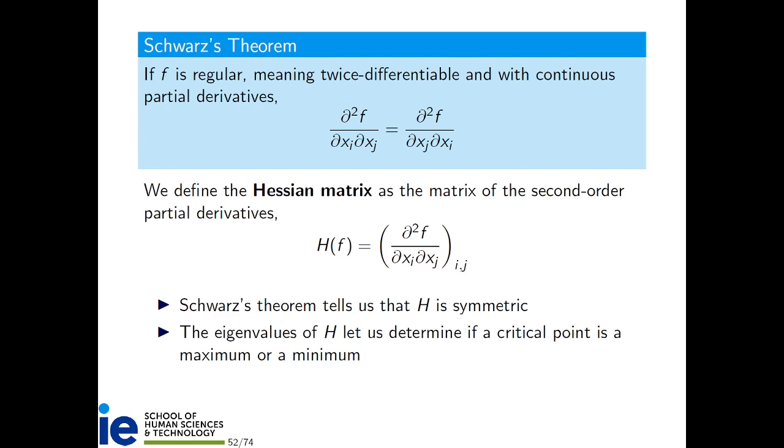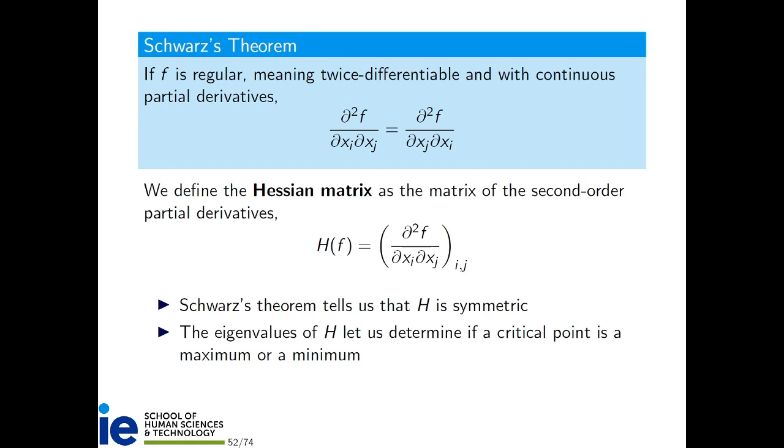Now, just to connect some ideas that we developed in linear algebra with calculus, as I said, for functions of multiple variables, we cannot determine if a critical point is a maximum or minimum very easily.